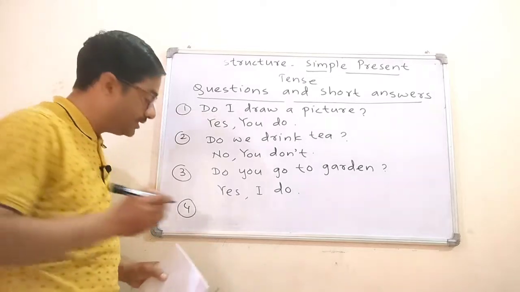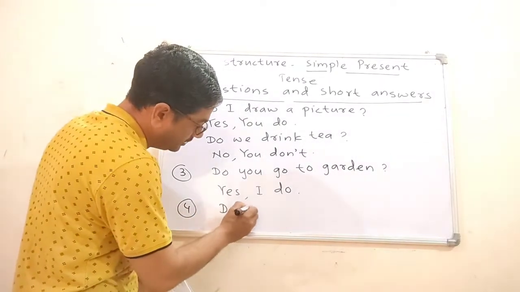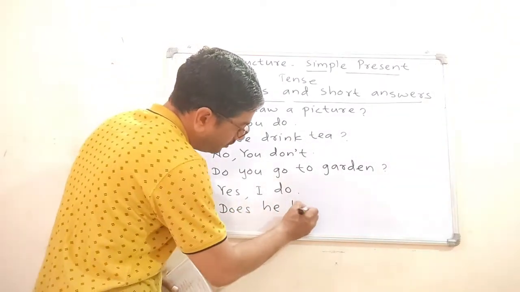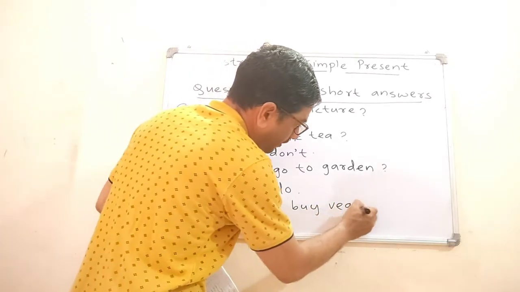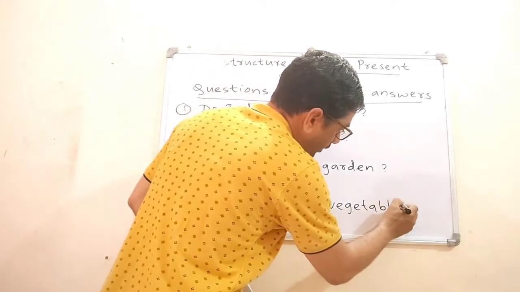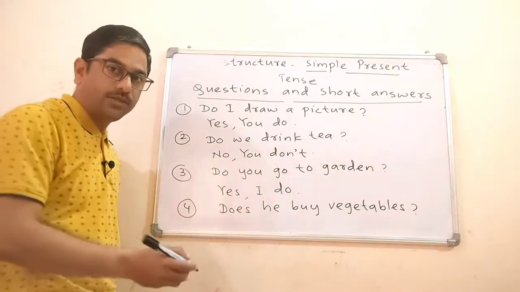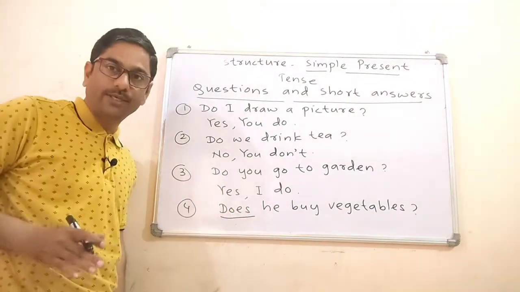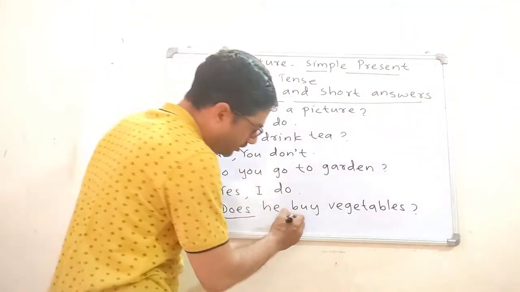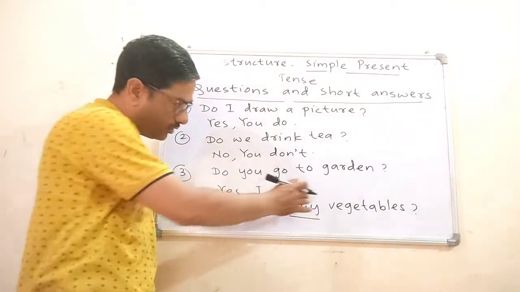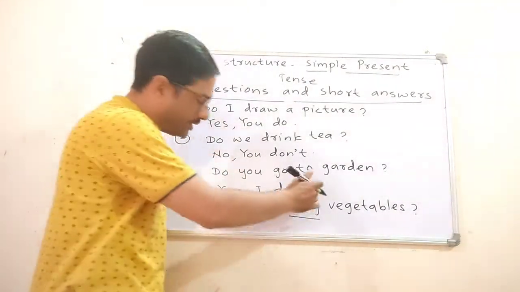Does he buy vegetables? Look at this question carefully. Here we are making use of does at the beginning of the sentence, and the base form of the verb; we are removing es.